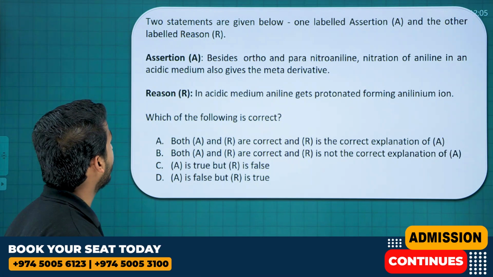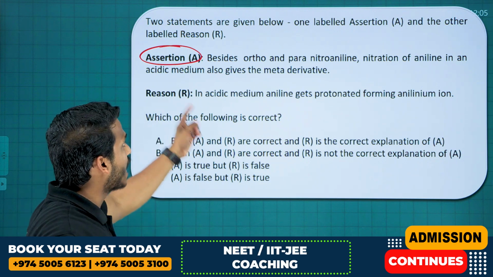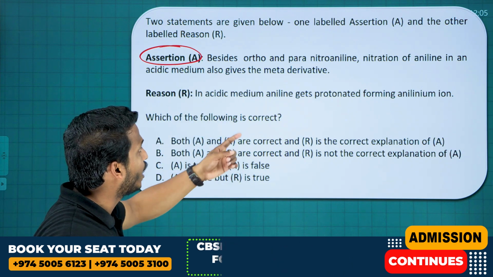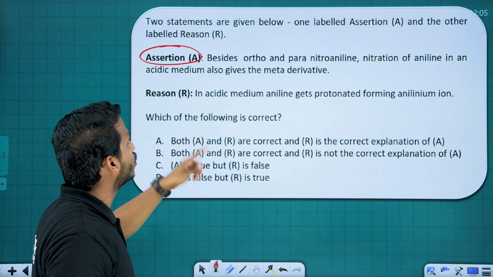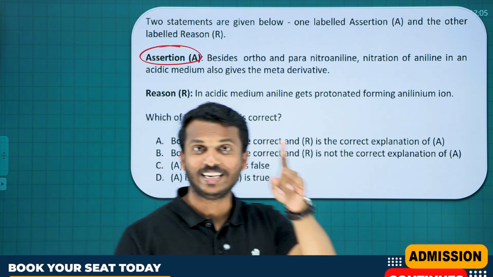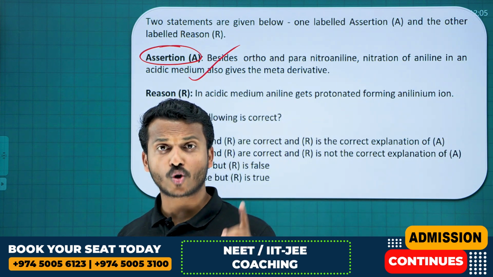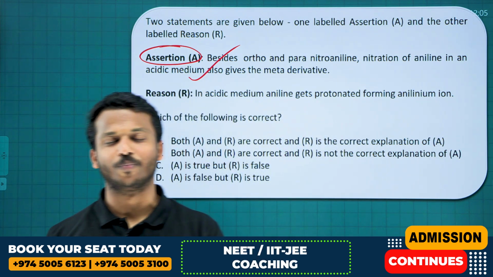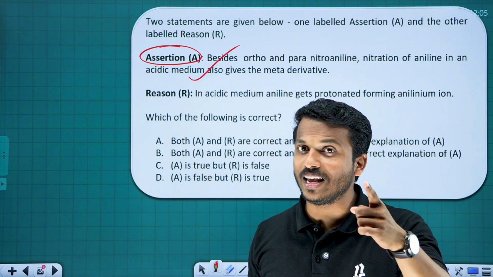Then two statements are given below. Let's see what the assertion is. Besides ortho and para nitroaniline, nitration of aniline in an acidic medium also gives the meta derivative. Yes, we studied that aniline is a very strong ortho-para directing group. If you do nitration directly on aniline, it forms anilinium ion.